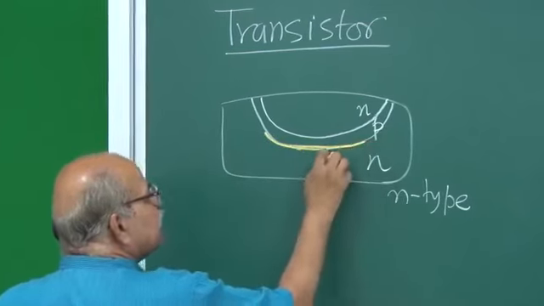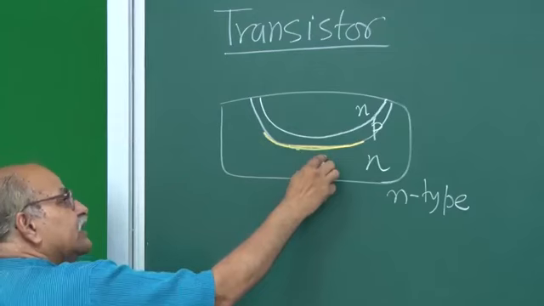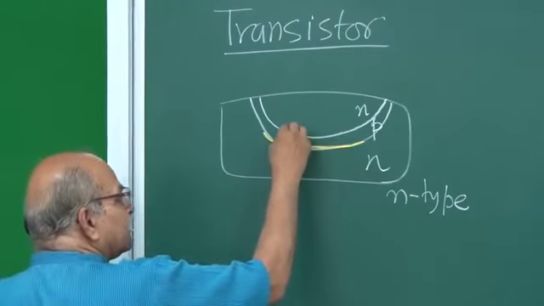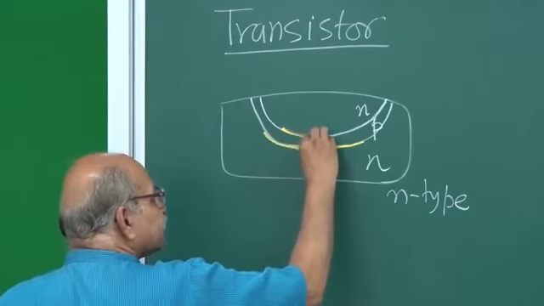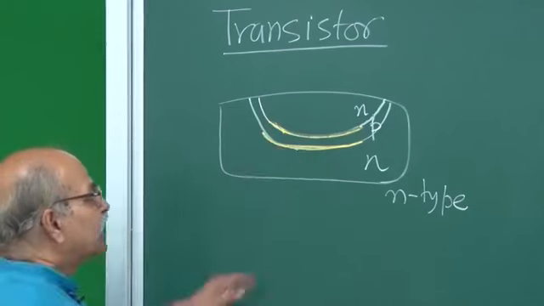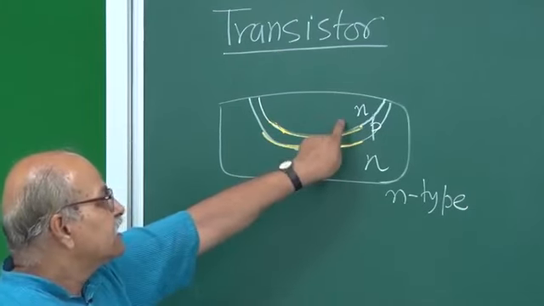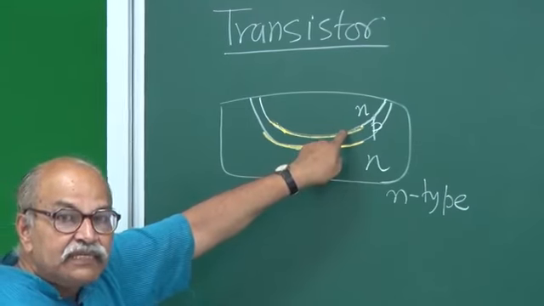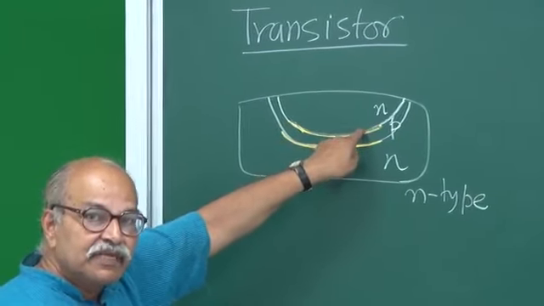You have p-type on one side and n-type on the other side, so you have a p-n junction. And then you have another p-n junction which is here. So you have a p side here, n side here, and then you have junctions. So all those p-n junction characteristics will be here.